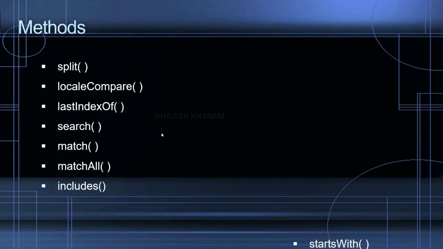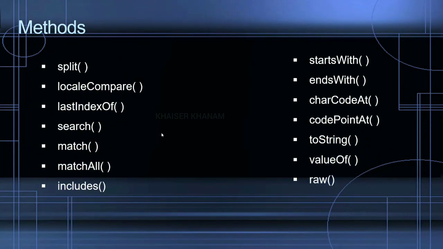If you want, you can take a screenshot or note it down. We will study all of these methods one by one, because they are very useful, and at some point these methods will be used in our projects as well. So we will be learning every method in JavaScript which is related to strings.